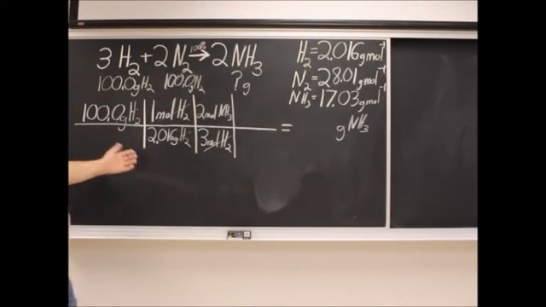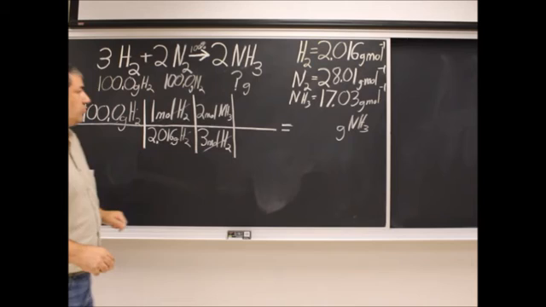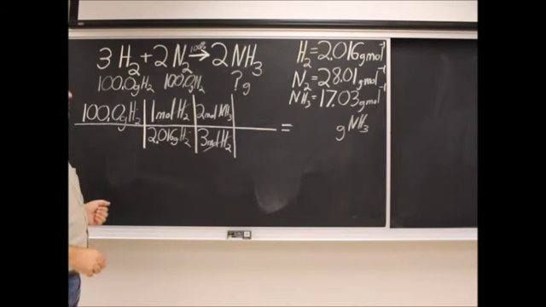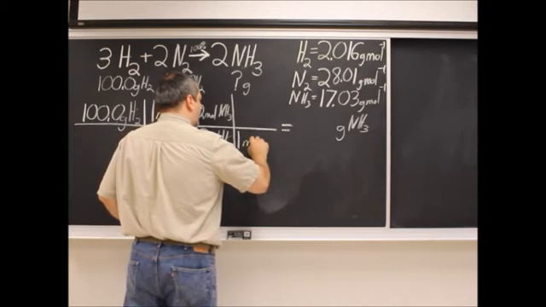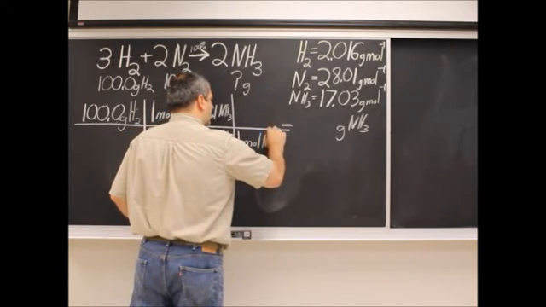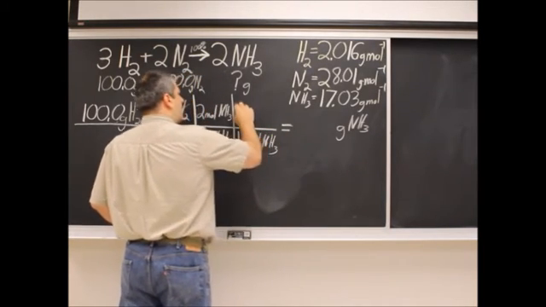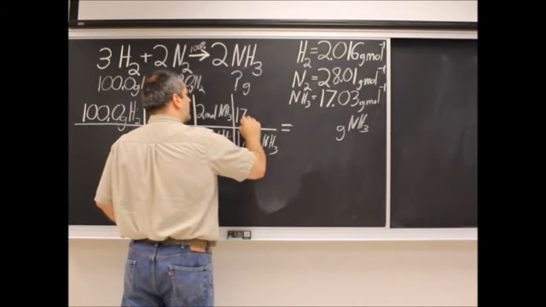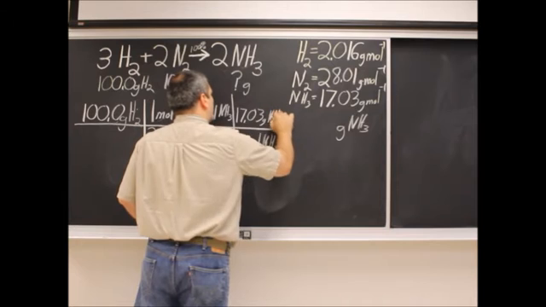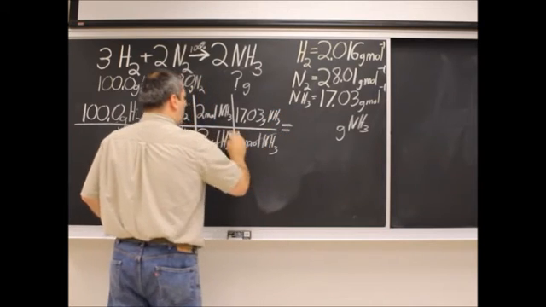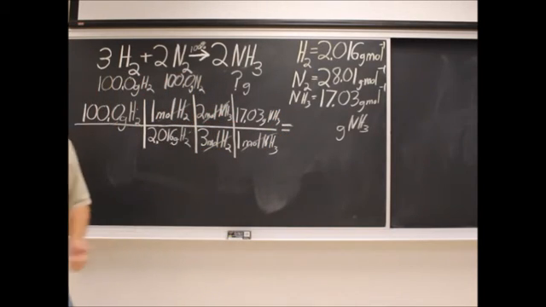So we do one more step, and I took the time of just calculating out the molar mass of ammonia. So the last step is 1 mole of NH3, not ammonia, is equal to 17.03 grams of ammonia. Moles of ammonia cancel. We have grams of ammonia, that's what we want.